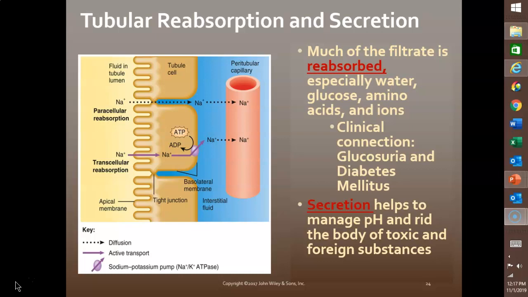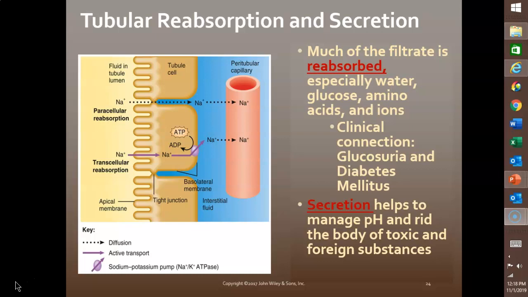Okay, so far we've filtered the blood, glomerular filtration, and created the filtrate. In reabsorption, we've saved most of the water and some of the solutes. Now, secretion is the third function of the nephrons and collecting ducts. It transfers materials from the blood and the tubules into the filtrate.